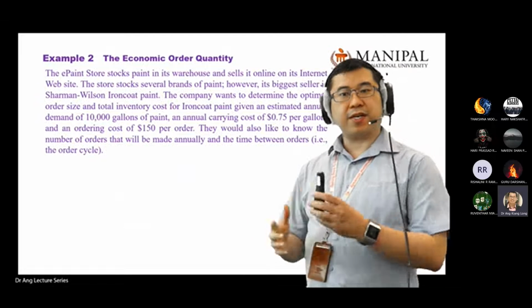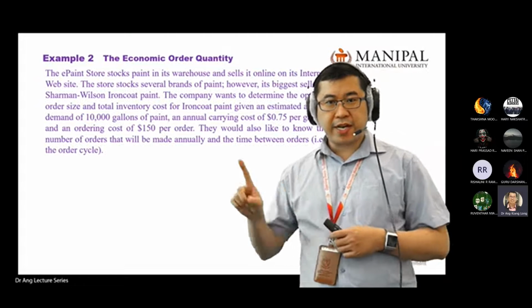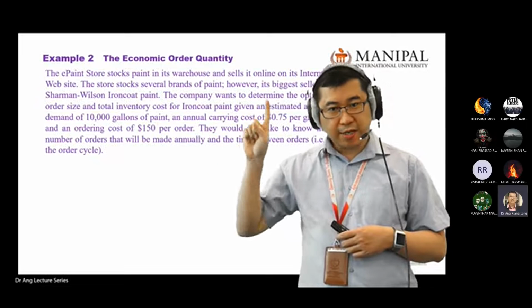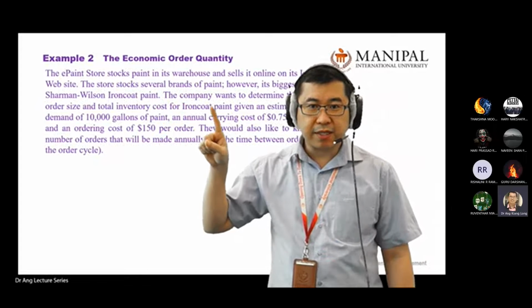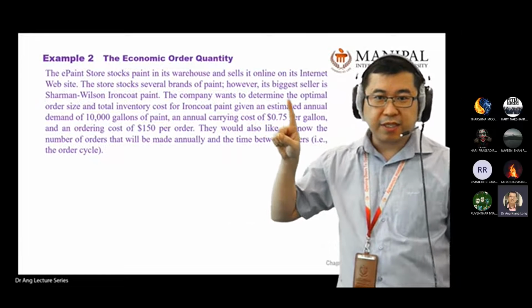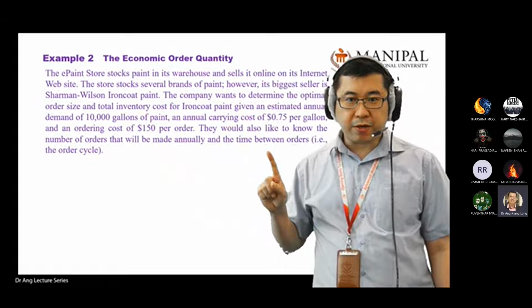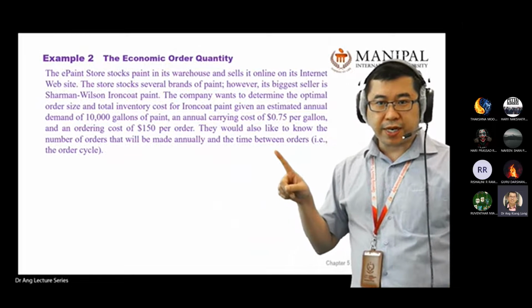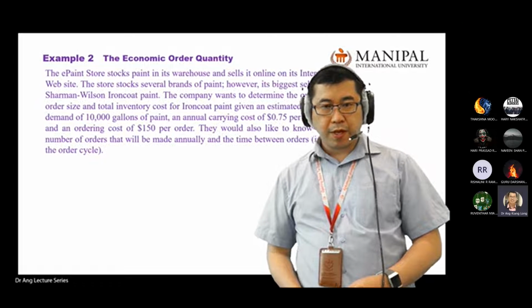There are lots of missions here, a lot of objectives here. You need to find the optimum order size, then the minimum total cost, and you need to find the lead time, the order cycle.